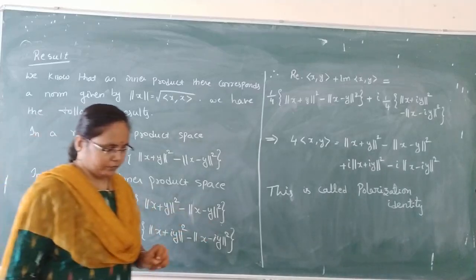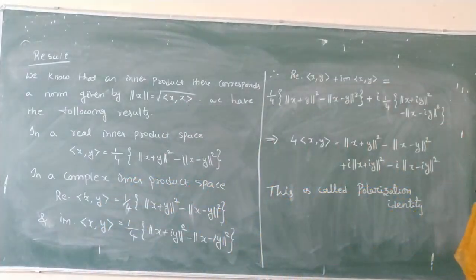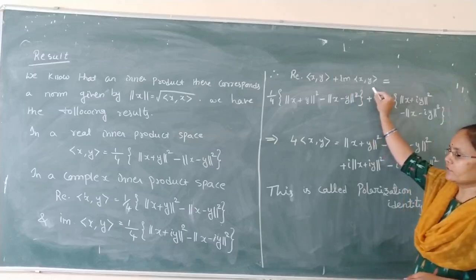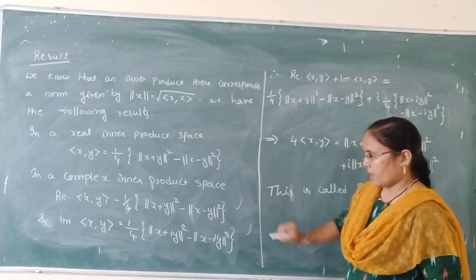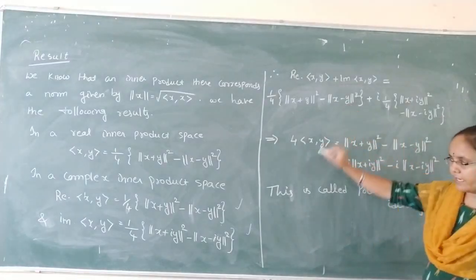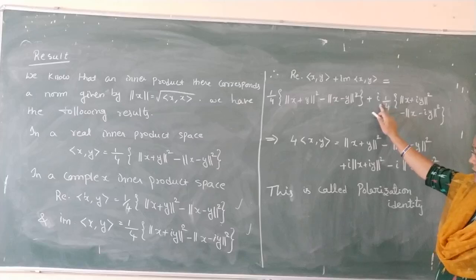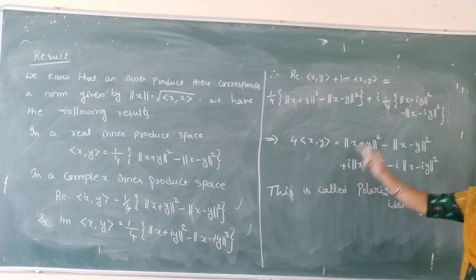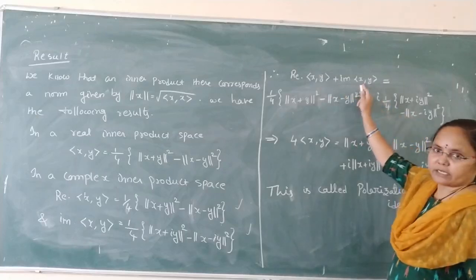Now these together give the complex value, so our next line is real part of the inner product plus imaginary part. Add these two terms on the RHS: 1 by 4 into norm x plus y whole square minus norm x minus y whole square, plus i into 1 by 4 into norm x plus iy whole square minus norm x minus iy whole square. Real plus imaginary is nothing but a complex number.